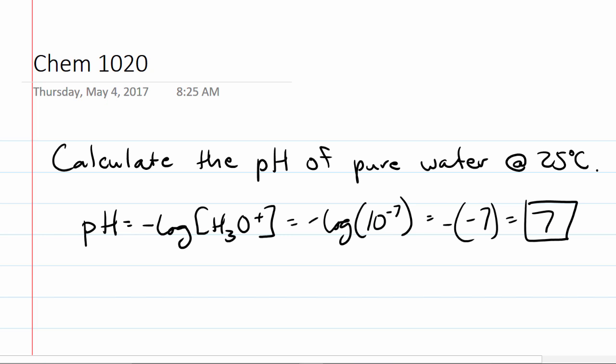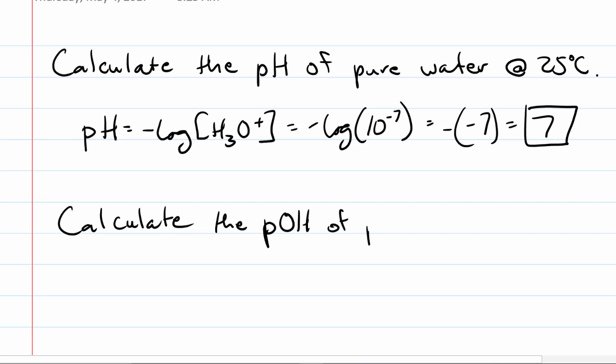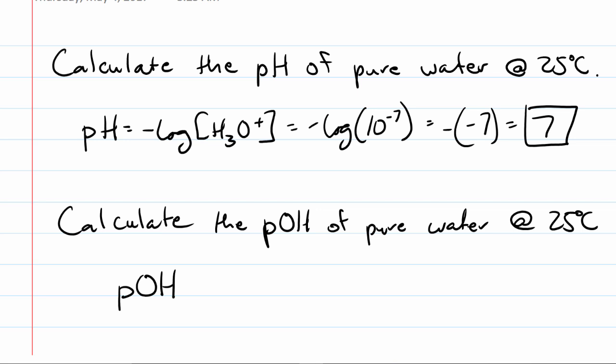Now there's another value that we look at here, and it's what's called the pOH. And so we are going to calculate the pOH of pure water at 25 degrees Celsius. Now it turns out that this P stands for the power of. But now in this case it's going to be the power of hydroxide.